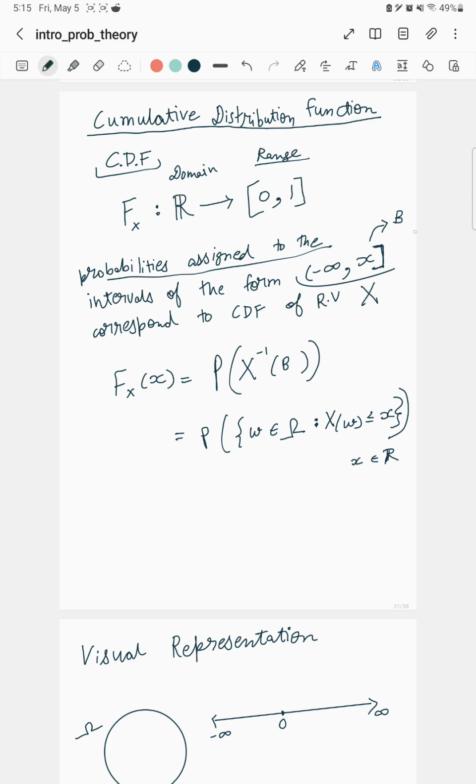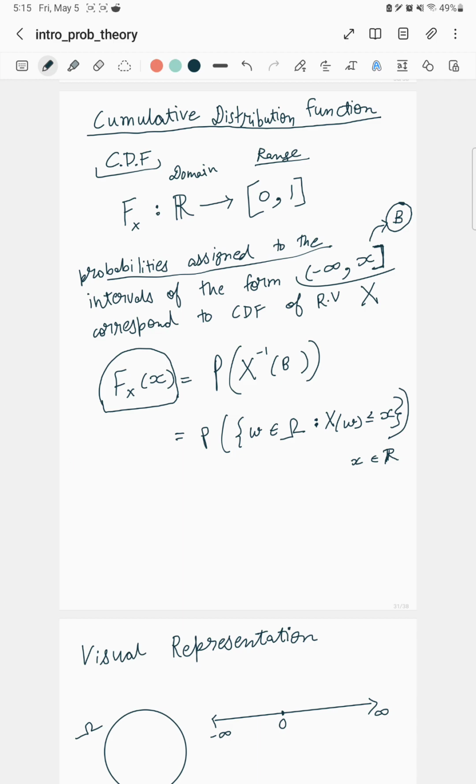So we will take a pre-image of this Borel set B, and then we will see what is the value of the probability measure of the pre-image of this Borel set, and that value would be capital F of small x. So this would be the CDF of the random variable X.